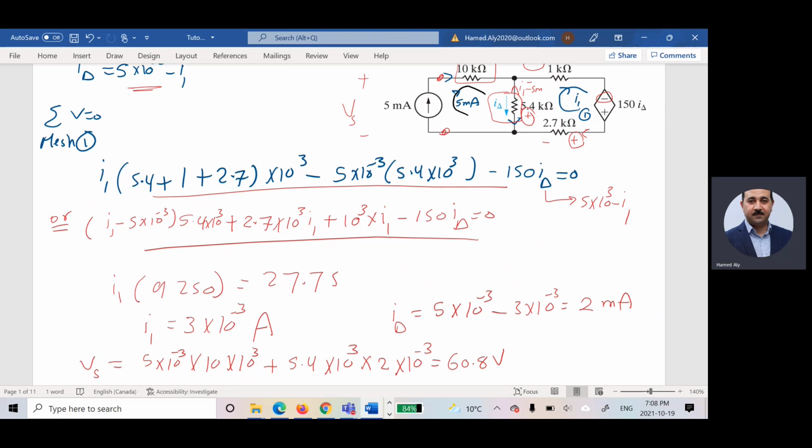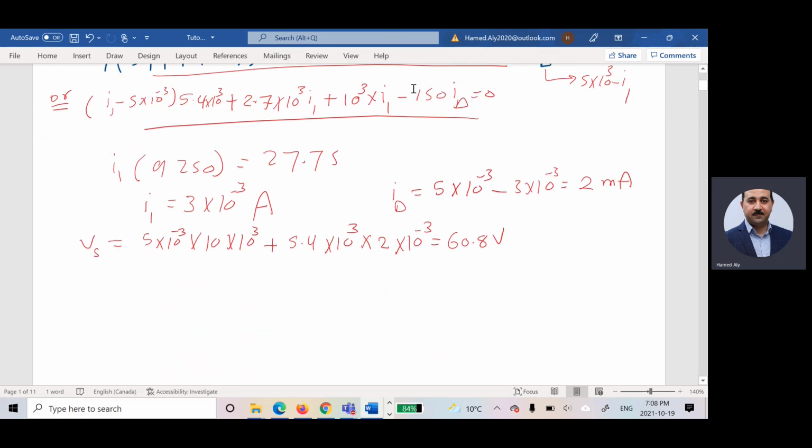Now, what is the next step? The next step is to calculate the power across this guy. I have already found the voltage for the independent source, and I found the voltage is equal to 60.8 volts. And this is the direction of the current, and these are the signs for that guy. So this guy is considered as active or passive element? It's active element.